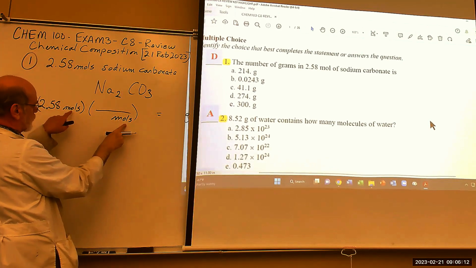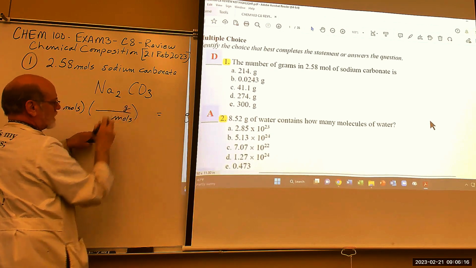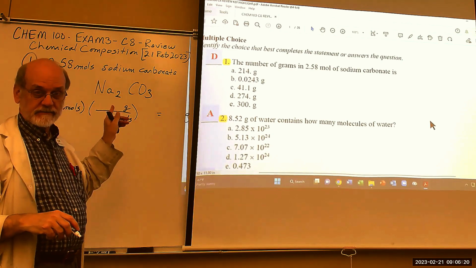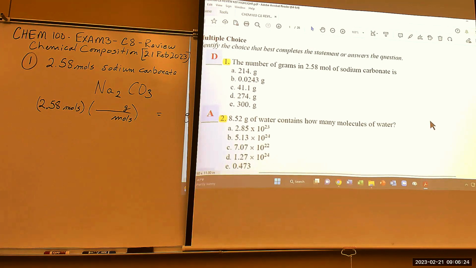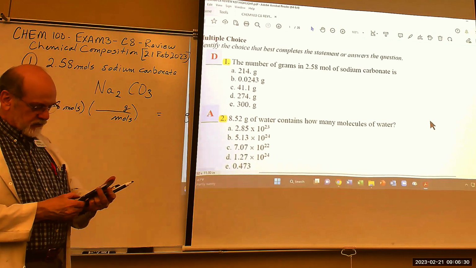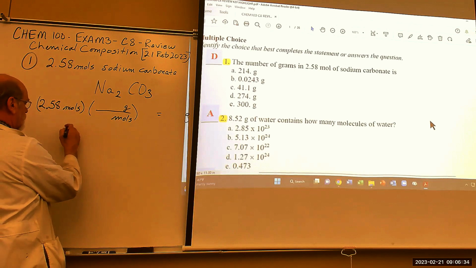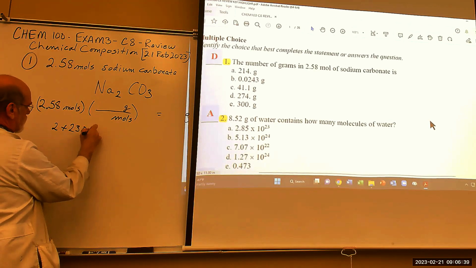Denominator, numerator. So that says you need the molar mass of that compound. And the molar mass of sodium carbonate, go to your periodic table. Sodium is 23, so we need 2 of them. Let me put that up on the board. So sodium is 2 times 23.